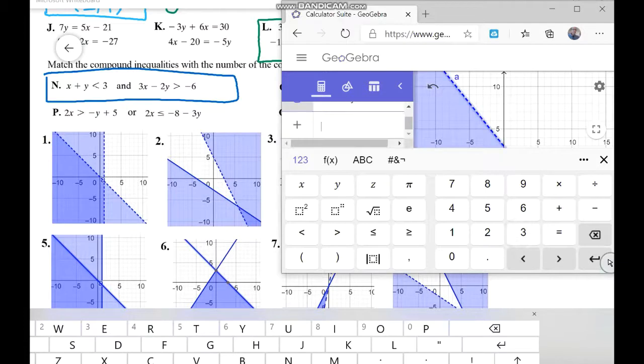Enter. And 3x minus 2y greater than -6. Enter.